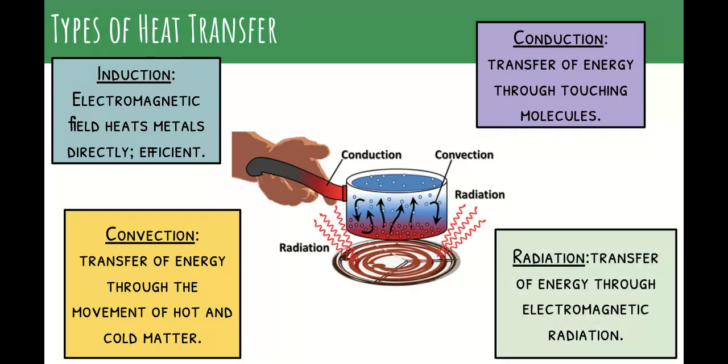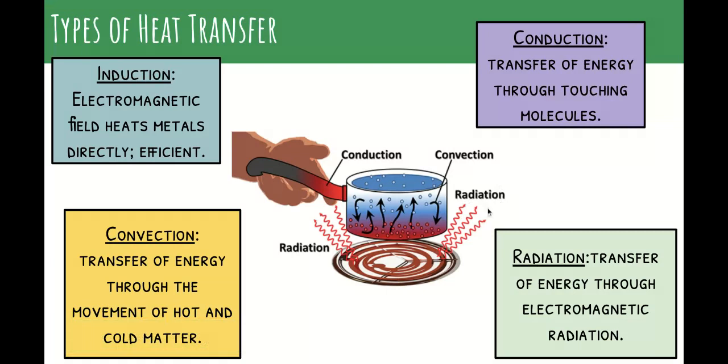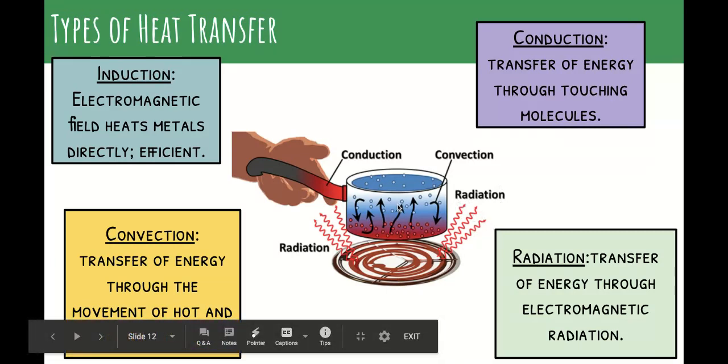Radiation is the transfer of energy through electromagnetic radiation, different from induction though. Okay, so radiation is like the heat waves radiating off of the object, heating up the air around it, and then that in turn is heating up the object.